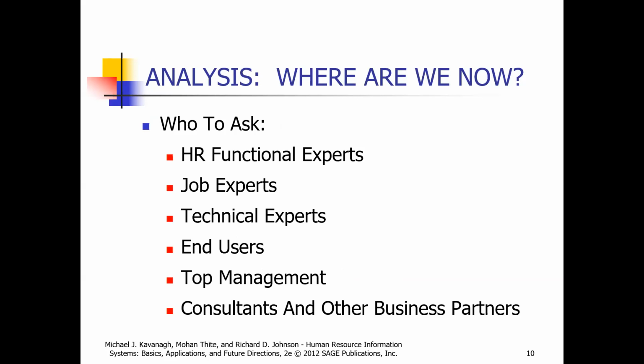These are the HR functional experts, who specialize in HR functions, and they would tell us what we need in HR. Job experts might give us insight regarding the job designs that are needed. So therefore, we need an HRIS system or the upcoming.